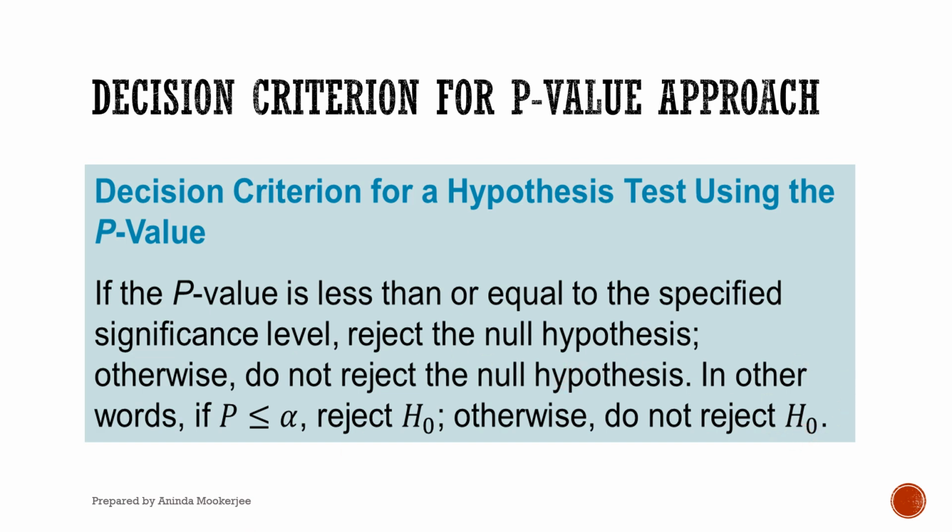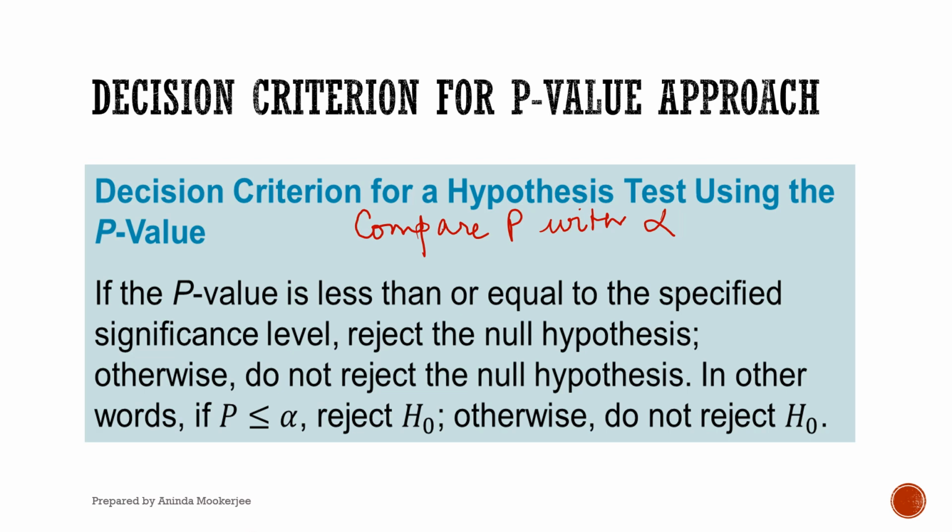So basically, we find the area corresponding to our test statistic and corresponding to the tailed test that we are performing. And then once we find the p-value, the next step is to compare p with alpha, that is the significance level that we are using.